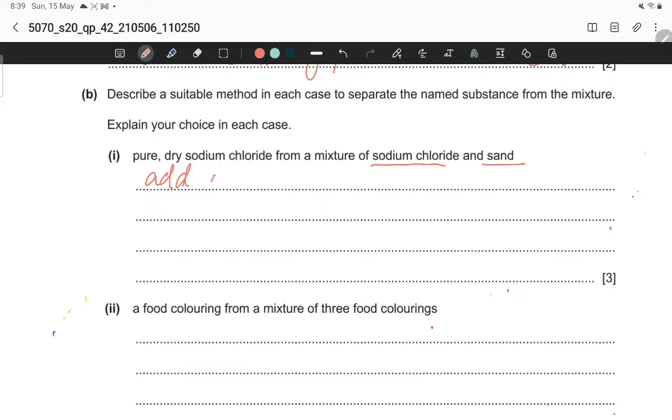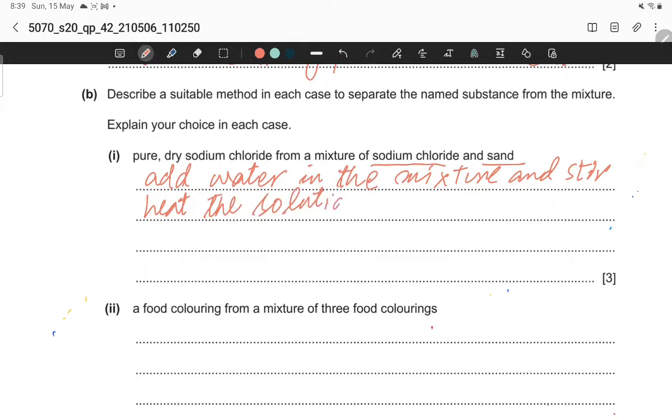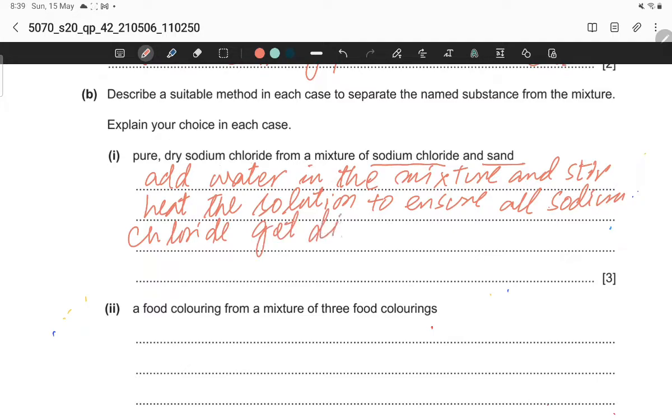Add water to the mixture and stir. Heat the solution to ensure all sodium chloride gets dissolved.